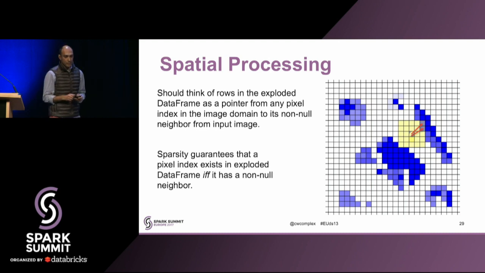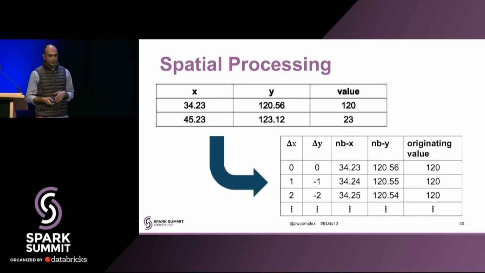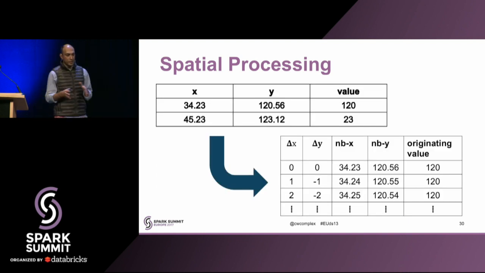So the pixel index exists in the exploded data frame if and only if it has a non-null neighbor. So we're not getting pixels that won't be there. This is specifically what the exploded data frame will look like.